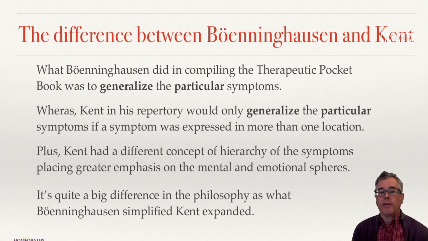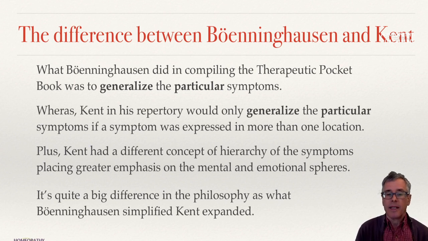But the biggest difference you'll find is that Böenninghausen was to generalize the particular symptoms. I should put some examples of that, but we'll go back to the repertory lesson to review that. Whereas Kent, in his repertory, would only generalize the particular symptoms if a symptom was expressed in more than one location. I find that to be a bit of a misnomer, because I think the whole purpose of Böenninghausen was to generalize those symptoms that were in more than one location, and that's why he would generalize them.